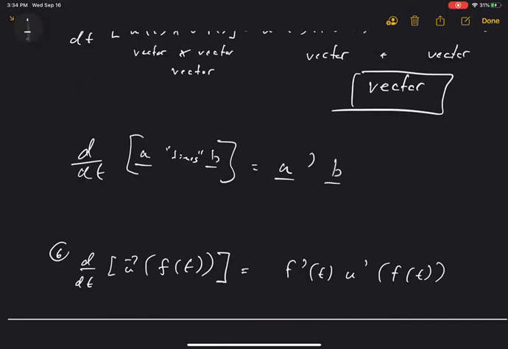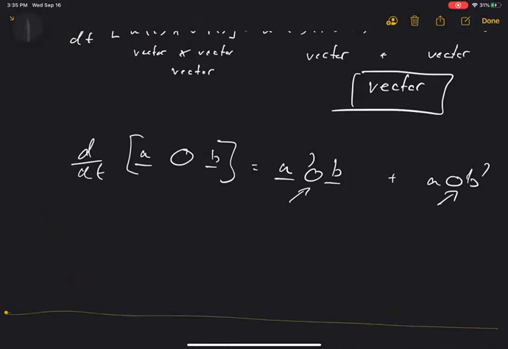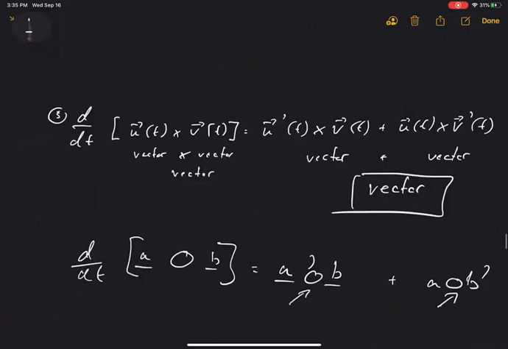It's a prime b plus a b prime. And then whatever's in here, this times, whether it's dot product, scalar multiplication, or cross product, that goes in between a and b as well. So whatever's here is going to be there and there. So pretty straightforward. You really only have to memorize one kind of this general format. If you know that, you can do all these three.